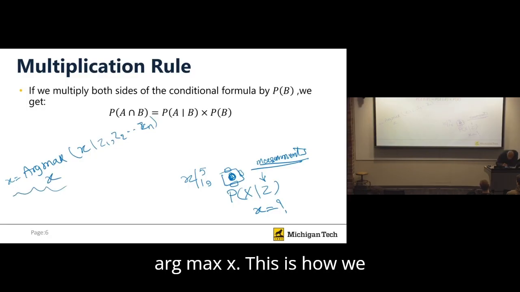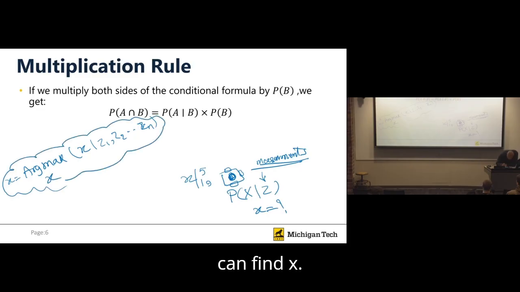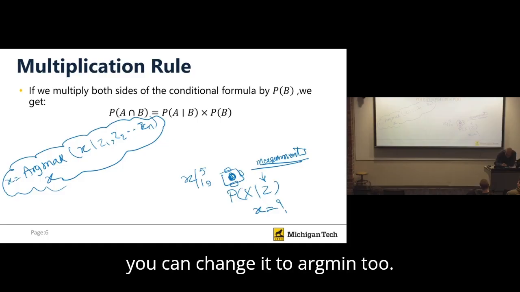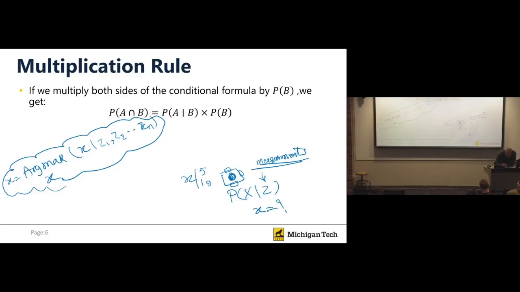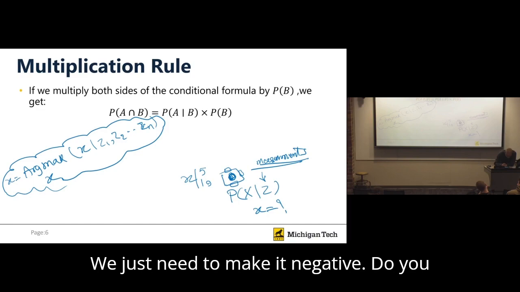This is how we can find X. And you can change argmax to argmin too, we just need to make it negative.